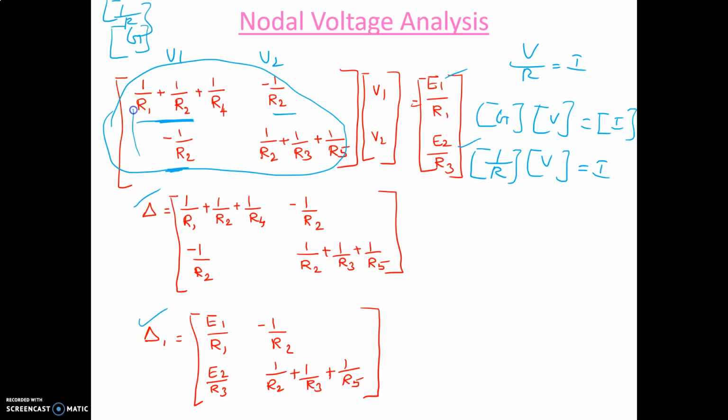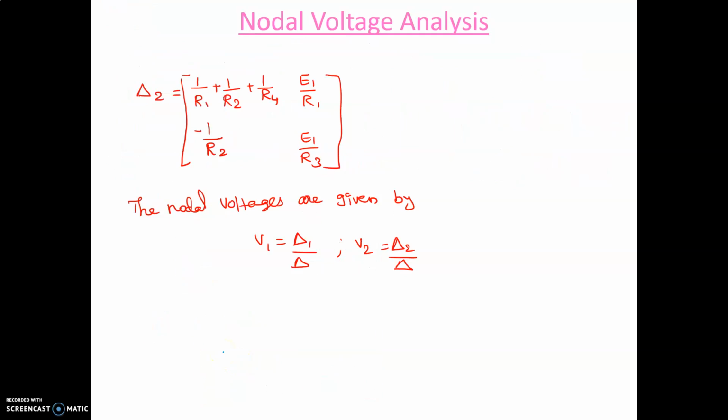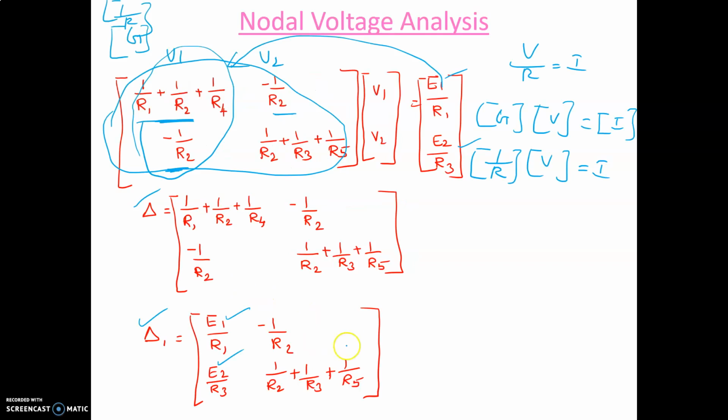The first column should be replaced by this current matrix, and we keep the remaining second column as it is. For del 2, we have to replace the second column with the current matrix, and we have to find the value of this del 2 and the del 1 value.